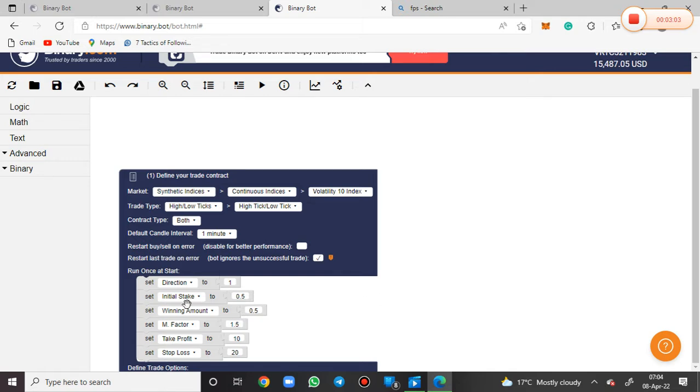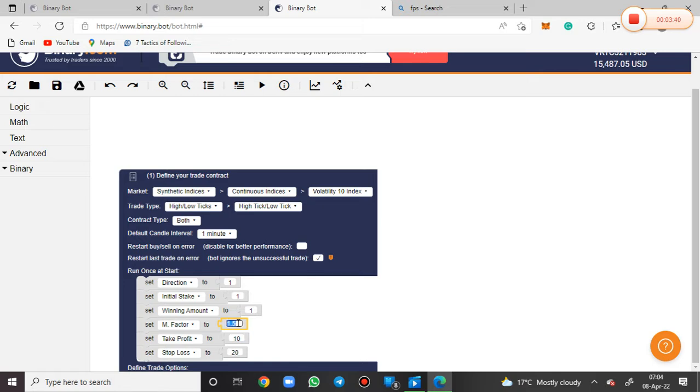So you choose a strategy. Stake is how much you're giving the bot out of the balance here. Let's say, for example, we use $1 as the initial stake. Then our winning amount is the amount the bot changes to when you have made a win or a profit, so you can always have it as one also. Martingale factor is how many times this initial stake is going to multiply itself in case you make a loss.